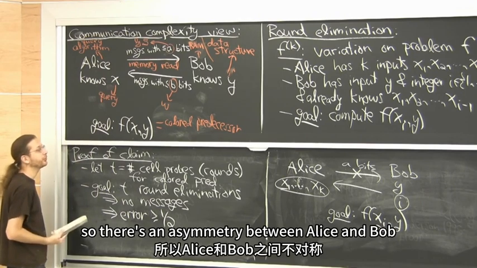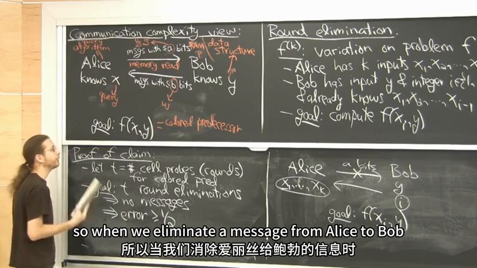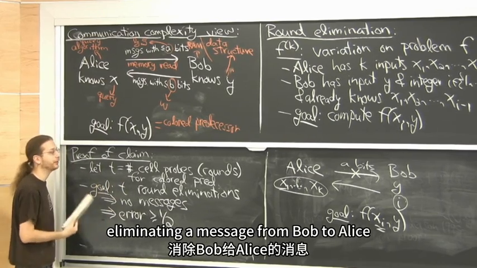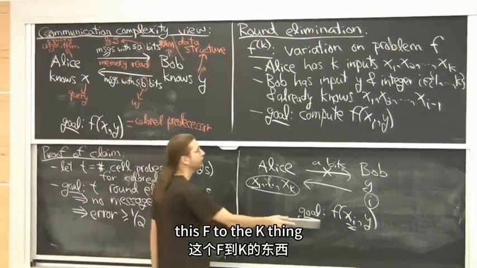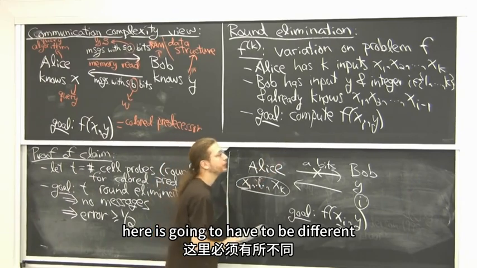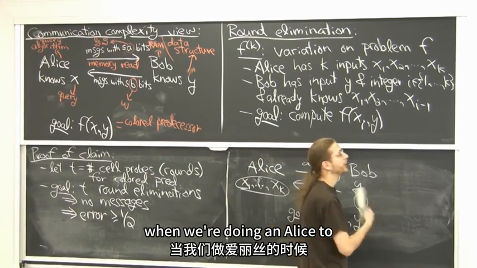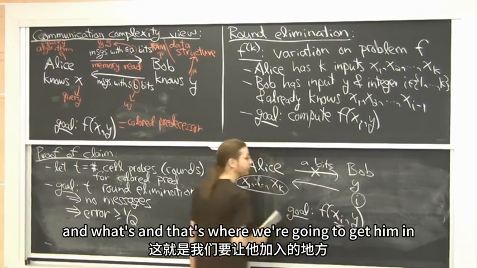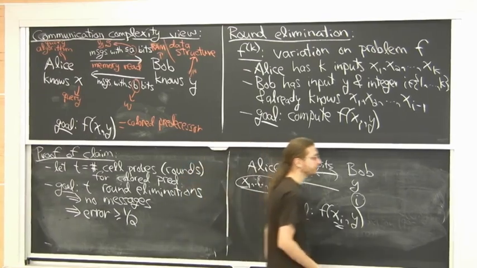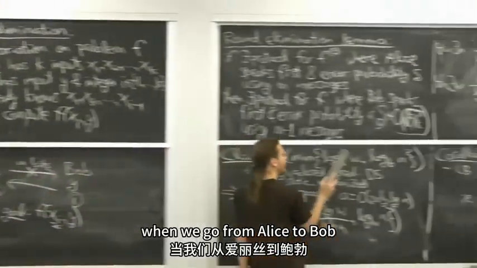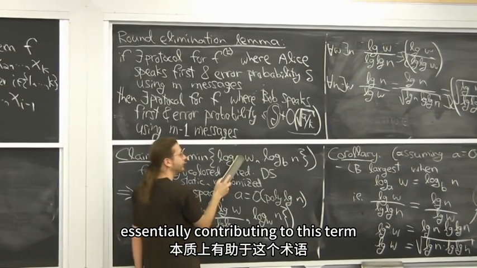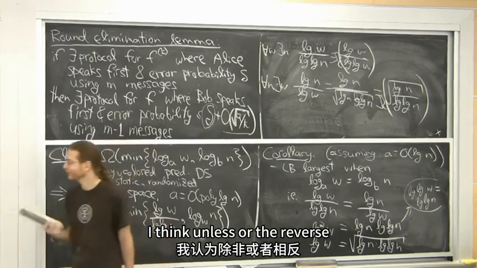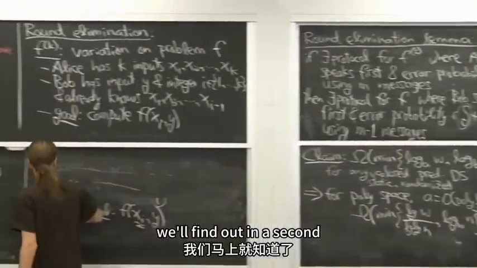So eliminating a message from Alice to Bob is going to be different from eliminating a message from Bob to Alice. This f to the k thing is going to have to be different for an Alice to Bob message versus a Bob to Alice message, and that's where we're going to get a min. Going from Alice to Bob, we're contributing to this term; going from Bob to Alice, we're contributing to that term, or the reverse. We'll find out in a second.